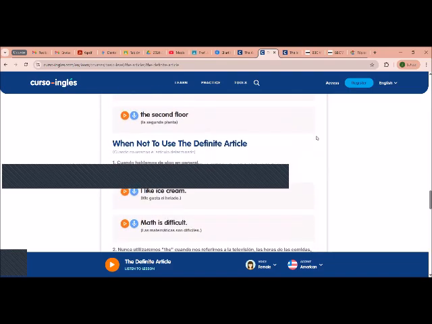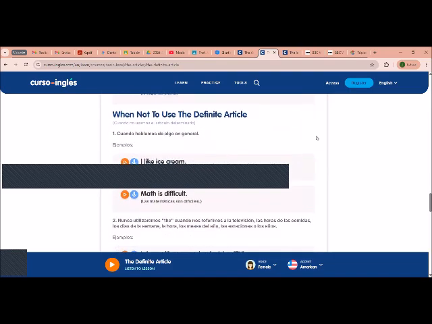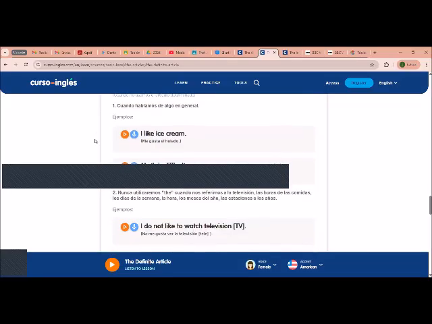You don't need to use it if you have other types of word that will give you some sort of determination. So if it's already super general, then no. The is going to be used for more specific situations.